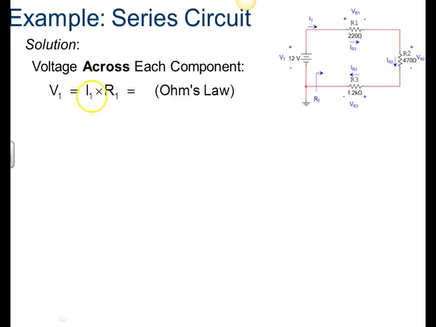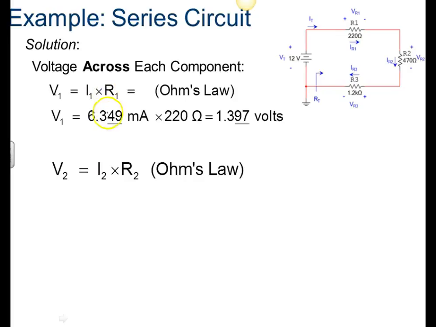We'll actually have to find the voltage across each individual one. So we've got V1 is equal to I1 times R1. Okay? And we got our initial voltage of, I'm going to go with what I would expect. And notice that they're using some extra digits out here.